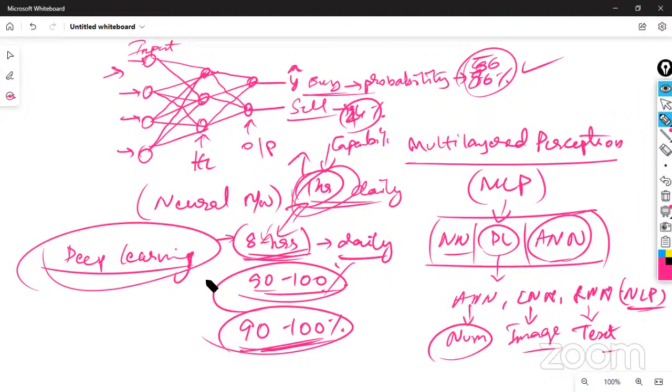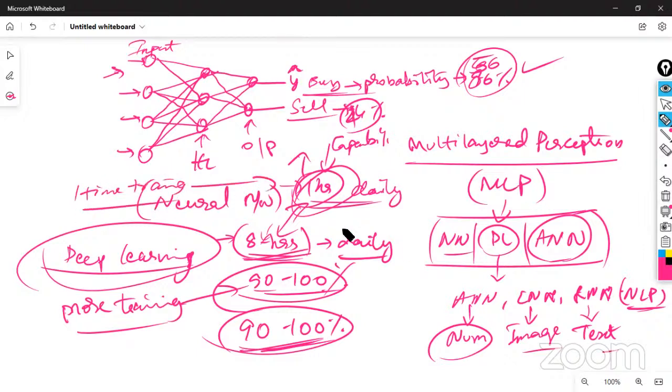The second person needs more training, only then he can score 90 to 100%. The first person needs one-time training. He'll quickly learn and he'll score 90 to 100%.